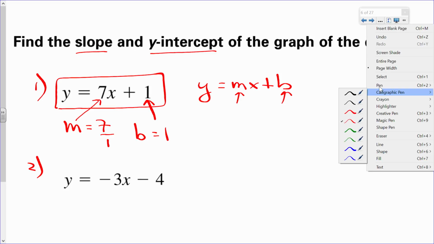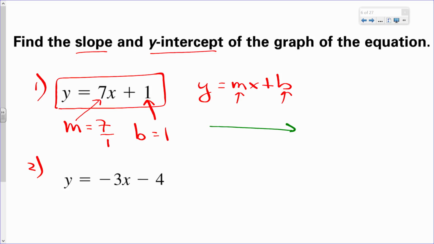Let me draw an x and y axis. Here's the x-axis. Here's the y-axis. We didn't graph this line yet. But I do know this, that when I do graph it, it'll cross the y-axis at positive 1 right there. I'm not sure, you said something about left or right.